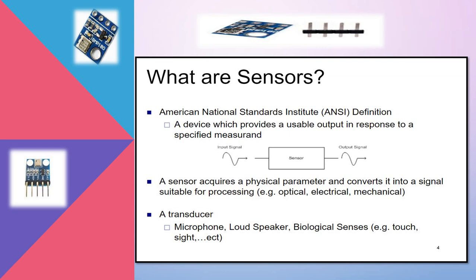This specific input could be light or heat, motion or pressure, or any one of a great number of other environmental phenomena. The output is generally a signal that is converted into a human readable display at the sensor location or transmitted electronically over a network for reading or further processing.